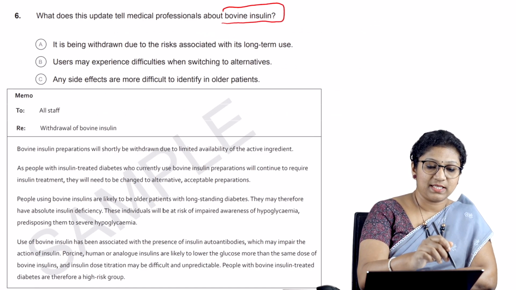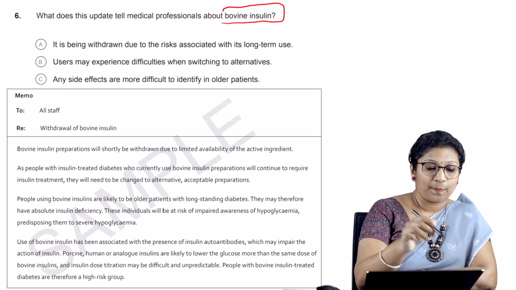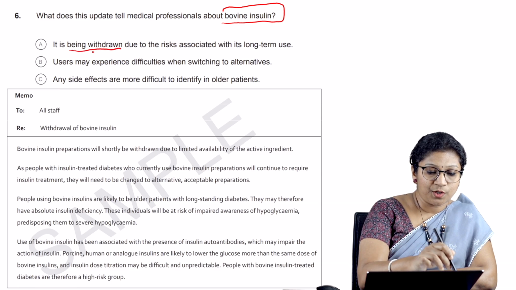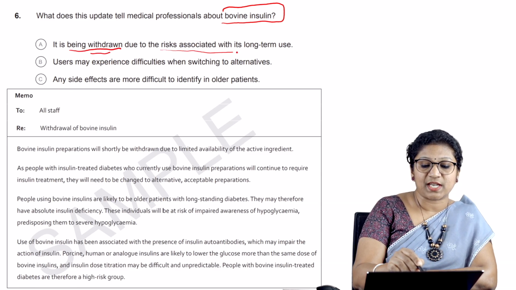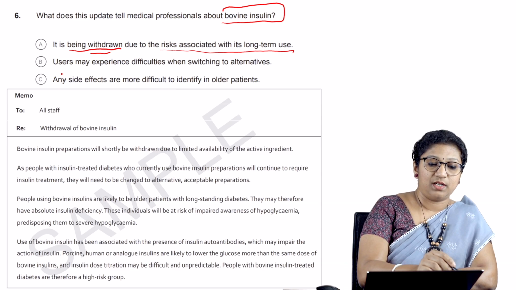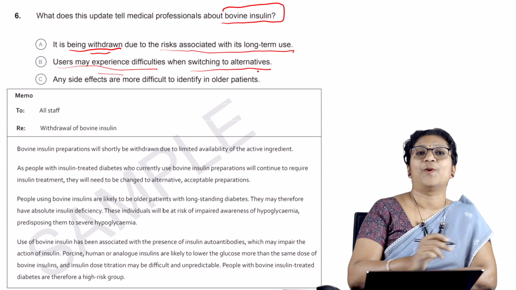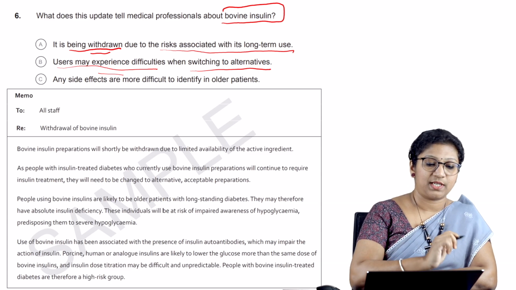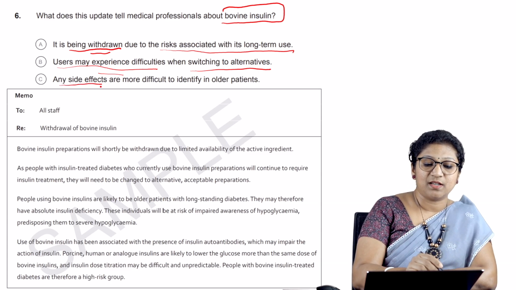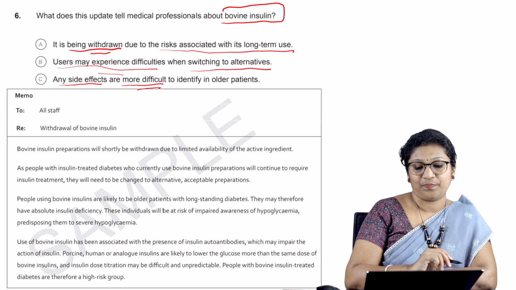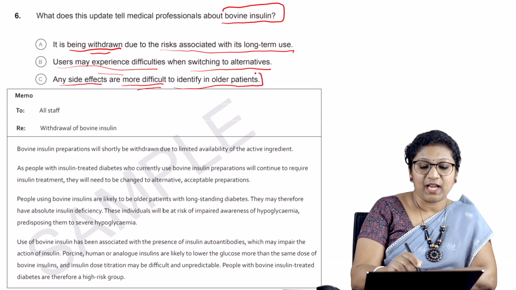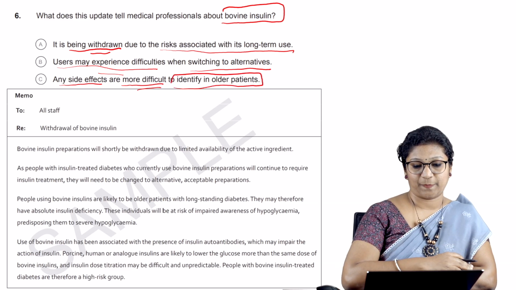The options: being withdrawn due to risks associated with long-term use; users may experience difficulties switching to alternatives; any side effects more difficult to identify in older patients.